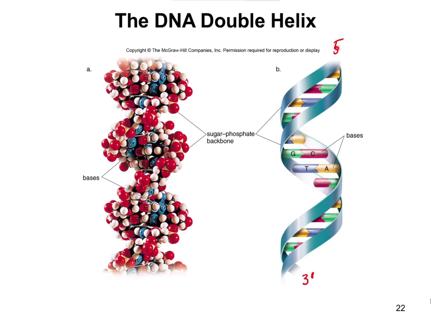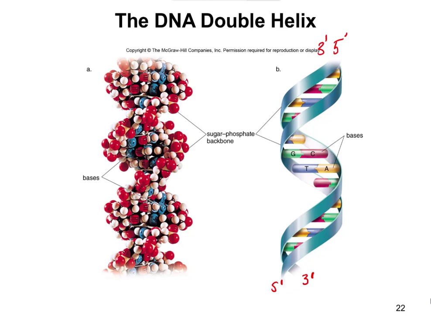So you can track your 5' down, and it wraps around this way, and this way, and eventually it's going to end up over here. Now the other one, they run opposite of each other. So this one's going to be 5' down here, and it's going to go up and up and up, and then it's going to end up at 3', let's say over there on the other side.